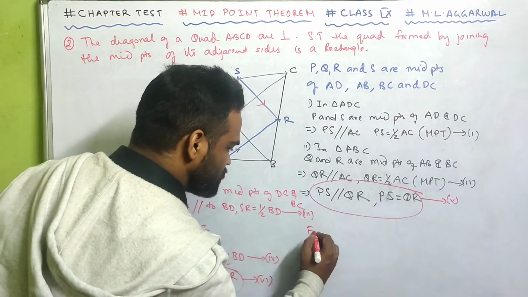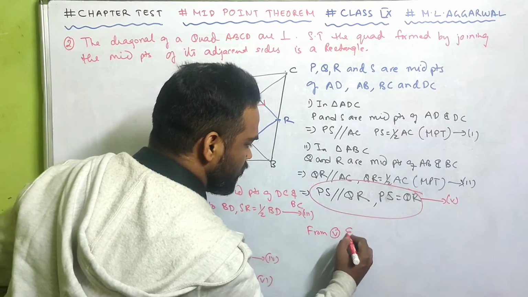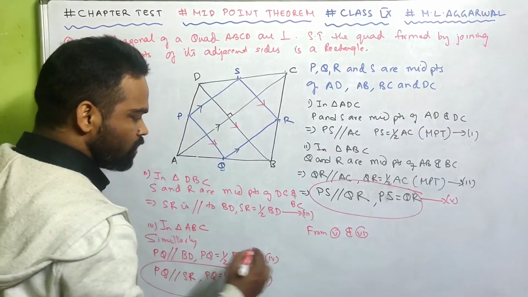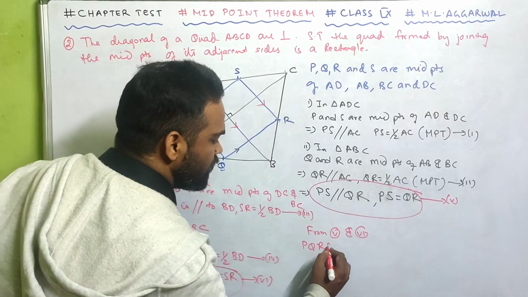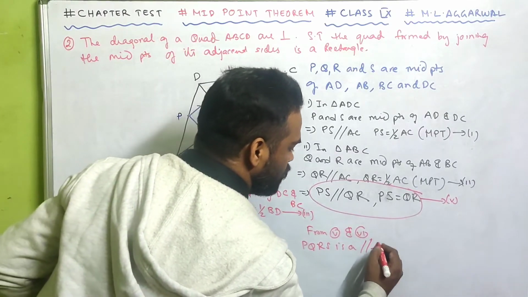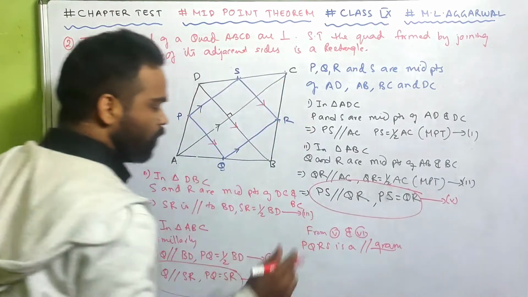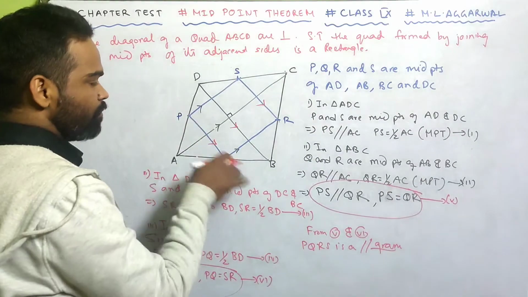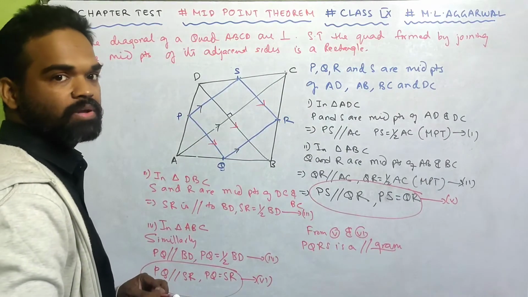So from 5 and 6, I can conclude that PQRS is a parallelogram. So my first motive is completed, that I proved that PQRS is a parallelogram.